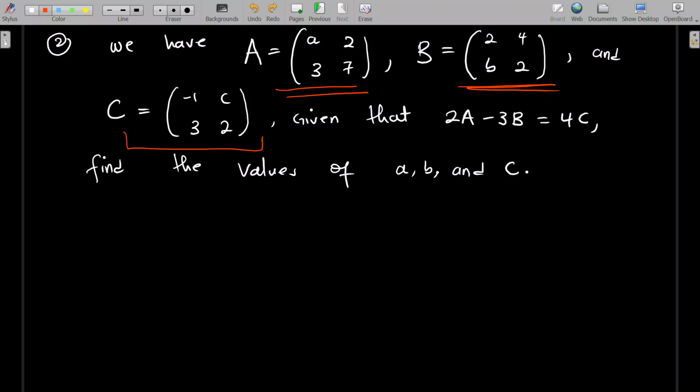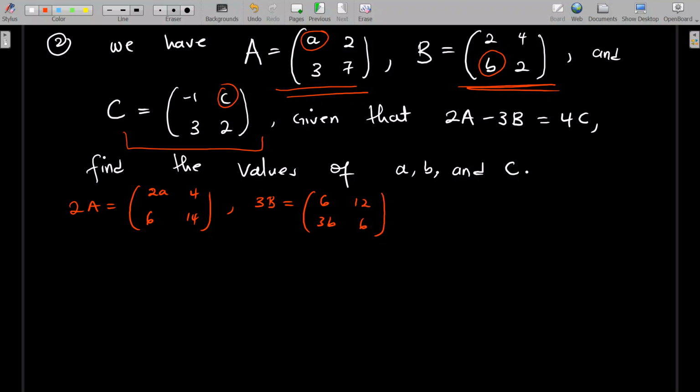The value of A, and then where is A? Let me locate A, B, and then C. What you're going to do is find 2A, which is equal to 2 times all the entries in A. So I'm going to have 2a, 4, 6, and then 14. And then 3B is going to be 3 times all the entries in B, so I'm going to have 6, 12, 3b, and then 6.